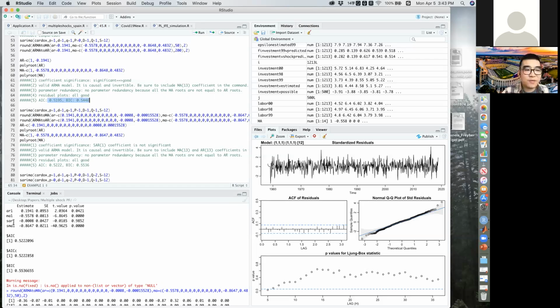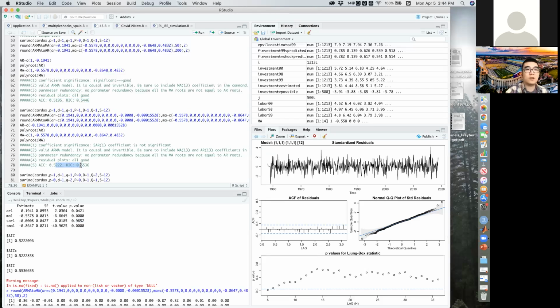Because we find that the SAR1 coefficient is statistically very insignificant. So that means we actually added a redundant explanatory variable to the model. That means your AIC and your BIC should be larger, right? You just include some redundant information in your information criteria formula. So you will have a larger information criteria, and this is what we got.